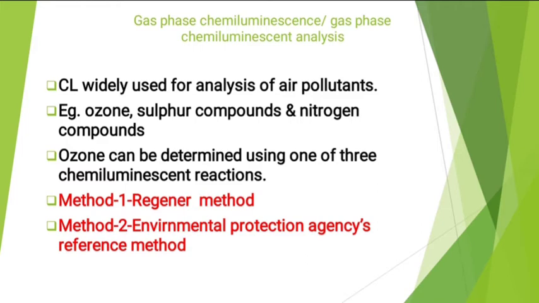Ozone is generally determined using one of three chemiluminescent reactions. The first one is the Regener method, the second is the Environmental Protection Agency's reference method, and the third one is a chemiluminescent analysis method. By using all these three methods, we can determine the amount of ozone present in the air.